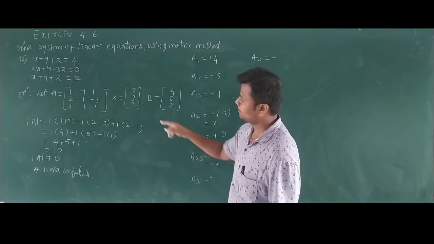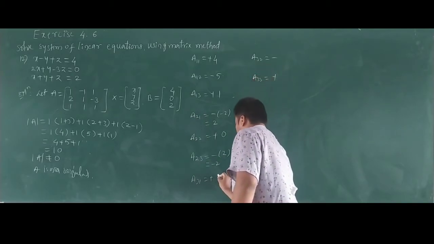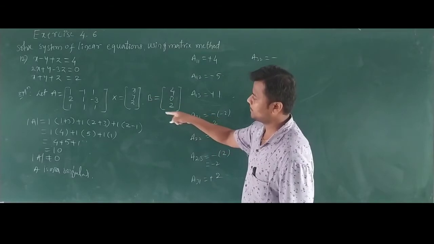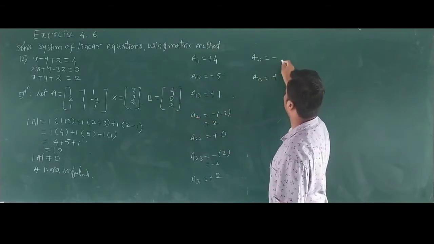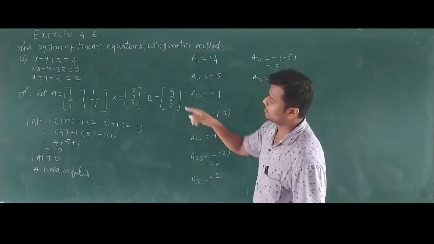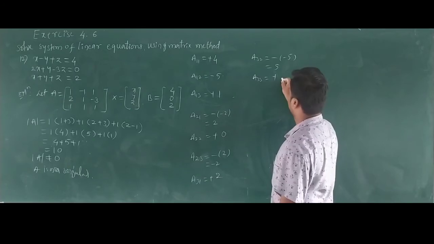A31: plus 3 minus 1, 2. So minus 3 minus 2, minus 5, this is plus 5. Then 1 plus 2 is 3.